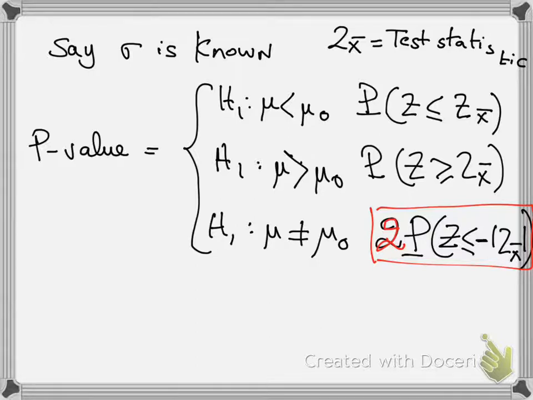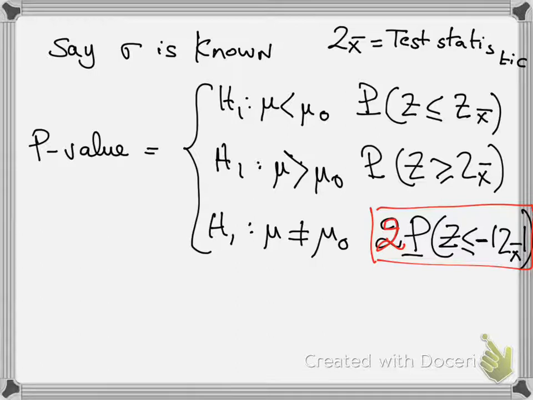Okay, so once you compute the p-value, then you need to compare the p-value with the level of significance alpha, which is the probability of rejecting H0, the null hypothesis, when it's in fact true.